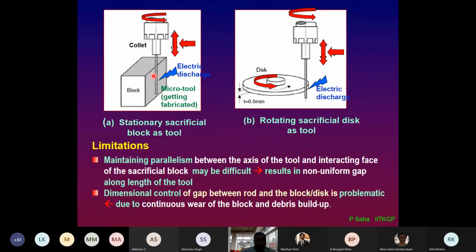Because of the discharge, the majority of the material may be removed from this rod, so that the rod diameter is reduced. By controlling this reciprocating motion, I can remove material not along the entire length from top to bottom, but maybe only the bottom portion, up to a certain length. So the total reciprocation length I can change, so that the portions where I want to remove material by electric discharge I can control.